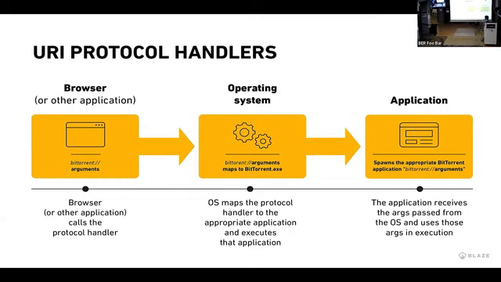In this case, as an example, it maps to product.exe, which will call the BitTorrent program with these arguments here, in quotes. It's actually important.